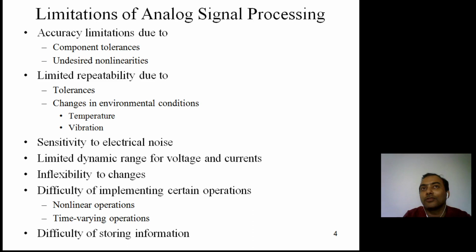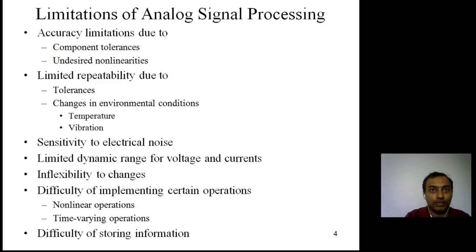Again, there is a change in environmental conditions, temperature and vibrations. Temperature variations affect these circuits. Like in summer, if it is more hot, more temperature is there. Suppose in cold time it will be different.